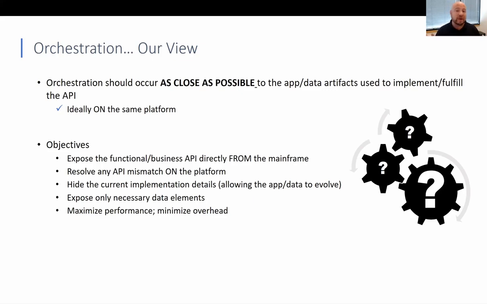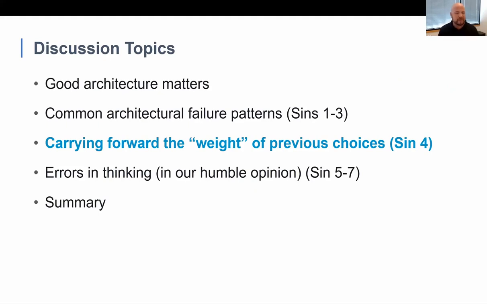But that chattiness across the network, no matter where it is, really should not happen. You want to move the orchestration as close as possible to the transactions and the artifacts and the data itself. So far, these three orchestration patterns are all very common. They all vary on orchestration patterns.